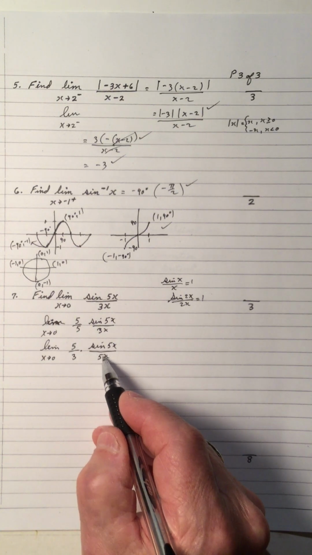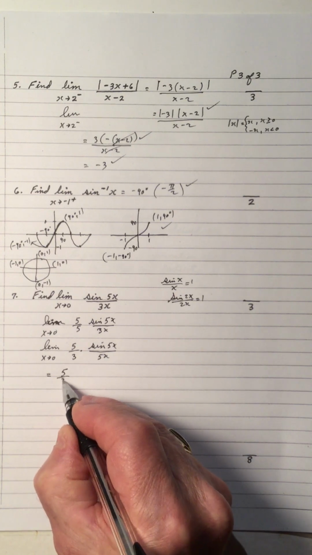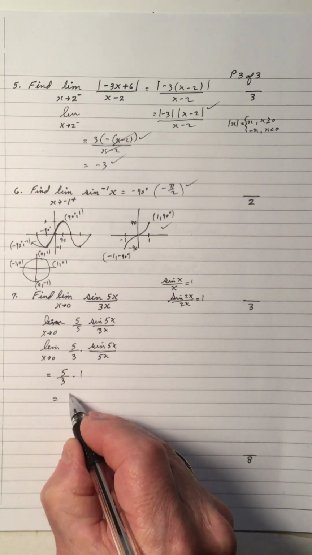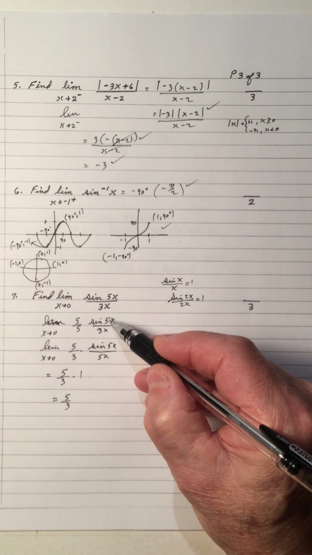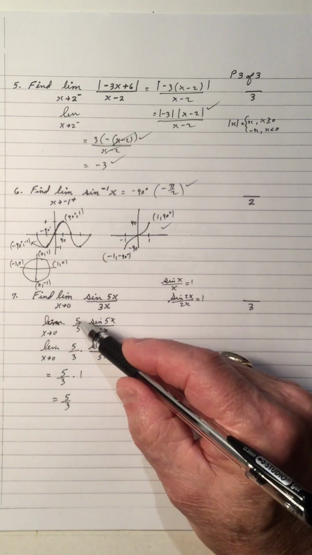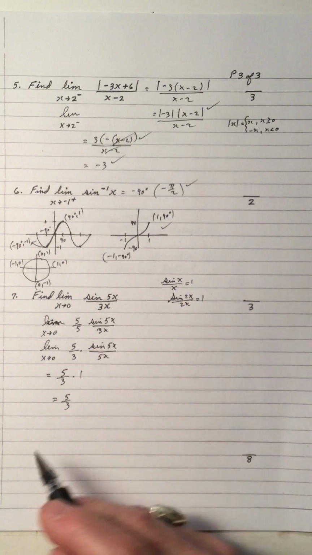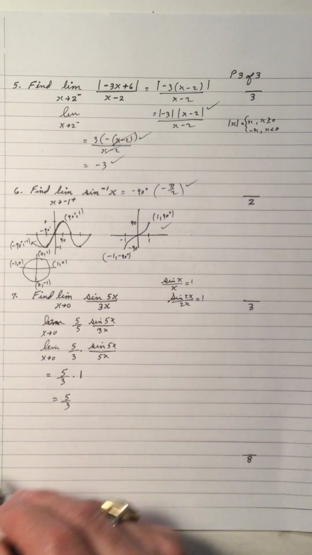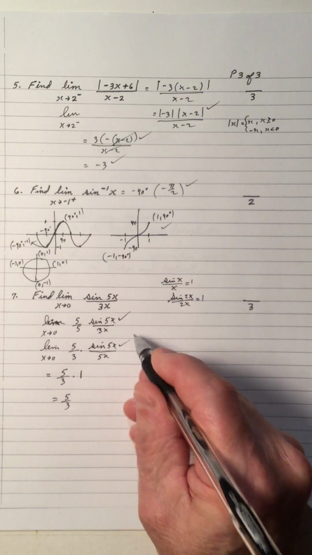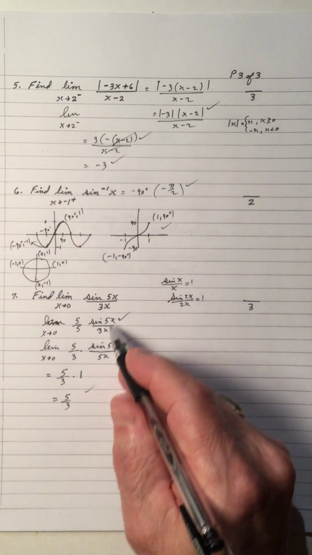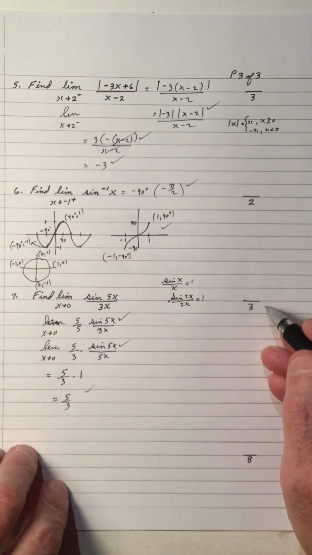Sine of 5x over 5x, well, when you sub a 0 in here, that's 5 over 3 times 1. So that becomes 5 over 3. So there's a trick. By having 5x here, I need a 5x here, so I had to do 5 over 5. And this 3 just moves out in front as a product. And we have 3 marks. So if you recognize this step, what pattern you take or how you come to do it, if you get 5 over 3, give yourself 3 marks.